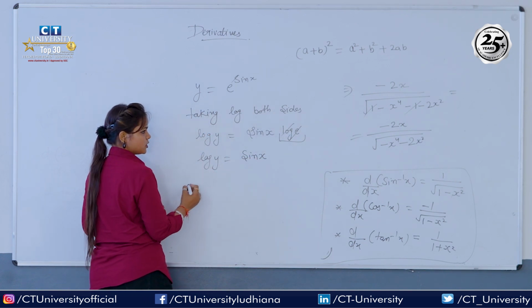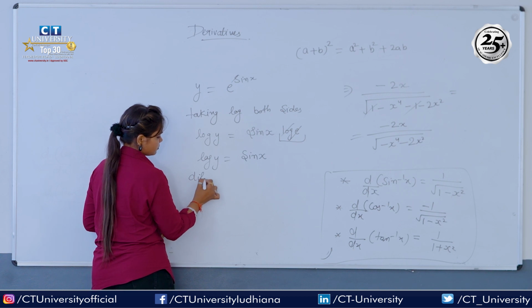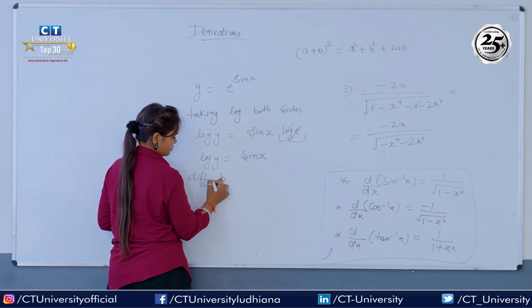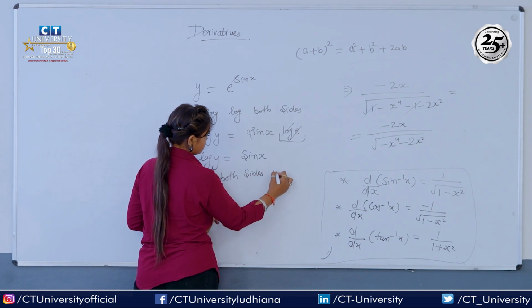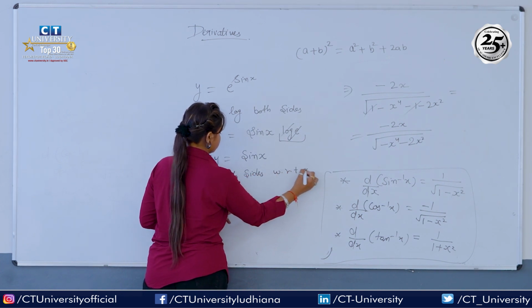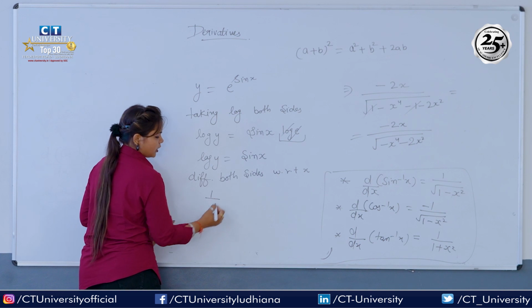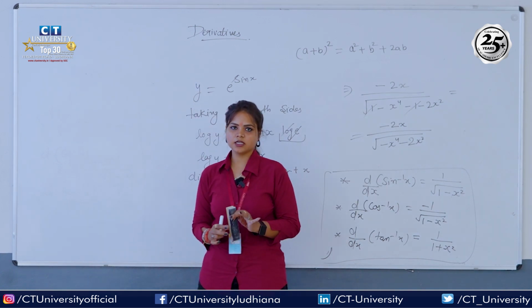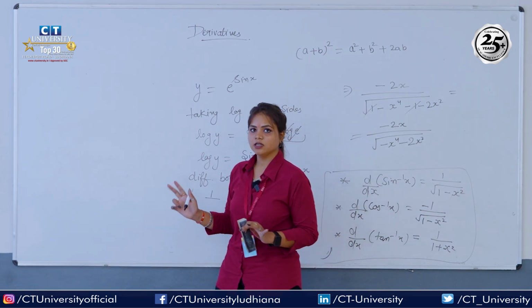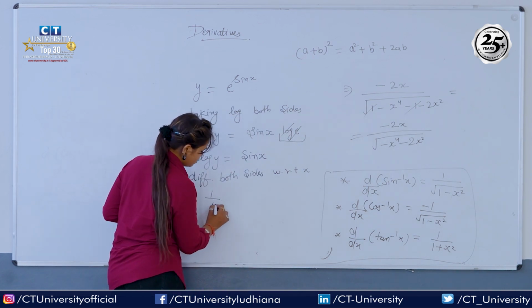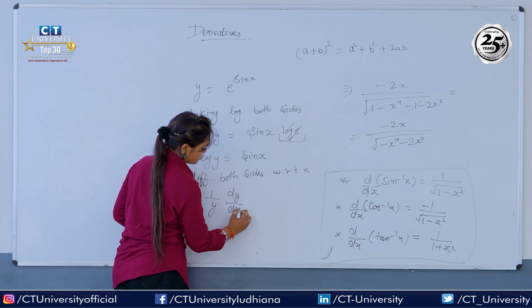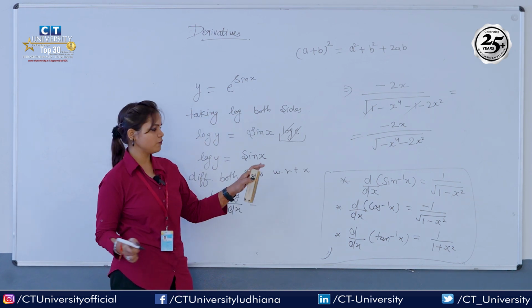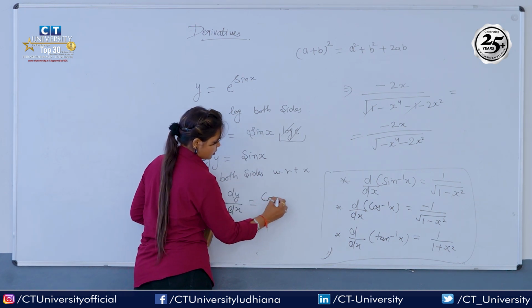Now differentiate both sides with respect to x. The derivative of log y is 1 by y, and the derivative of y with respect to x, which is equal to the derivative of sin x, is cos x.